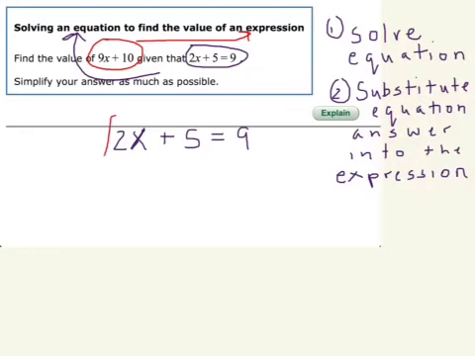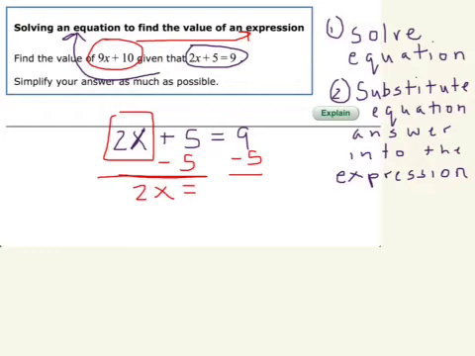Once again, we are trying to get our 2x by itself. So first step, we are going to take 5 away from both sides of the equation to keep our equation in balance. And we are left with 2x on the left side. And on the right side now we have 9 minus 5, which gives us 4.